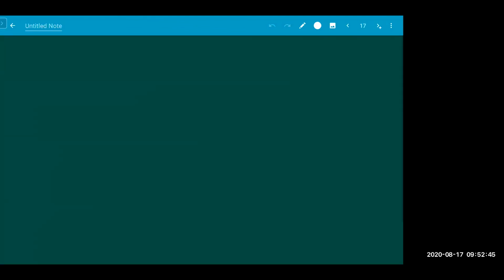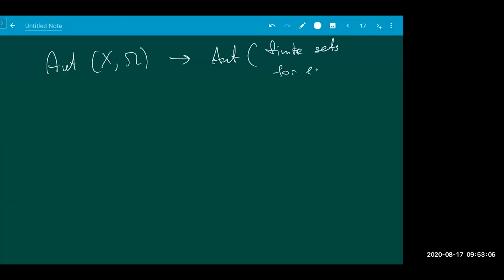And the conclusion is that the automorphism group of (X, omega) maps to automorphisms of finite sets, if my variety is compact and my form has no poles. If it has poles on the variety, then the set will be infinite. But now shift gear, go to finite sets for each integer greater than 1.